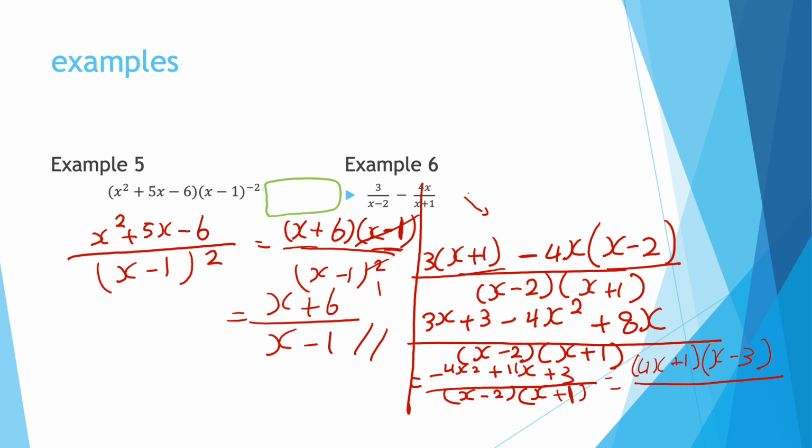That's if you factorize, and this one is x minus 2 and x plus 1. And you can see there is no common factor, so I can't simplify any further from that because there are no common factors.